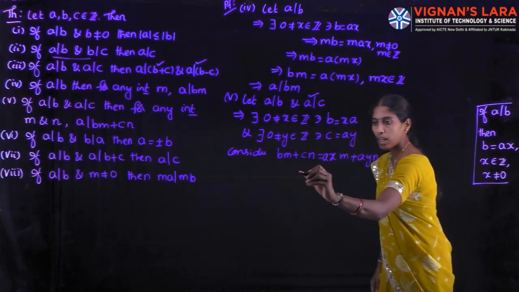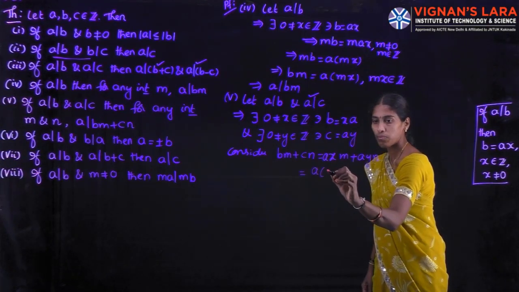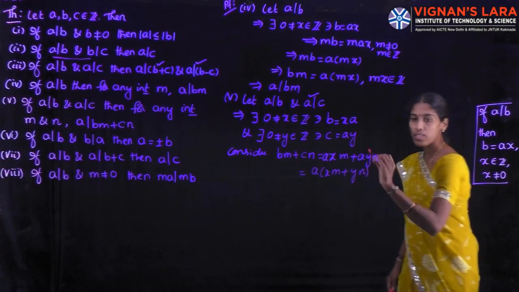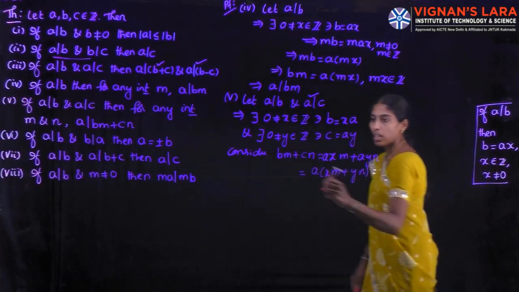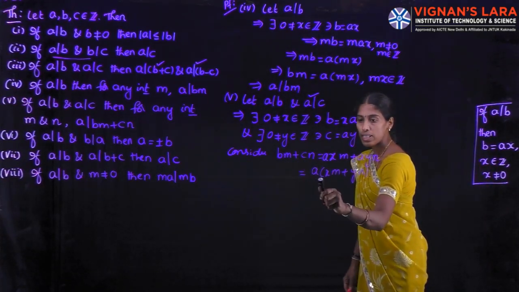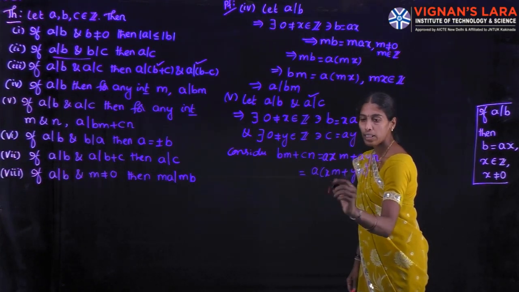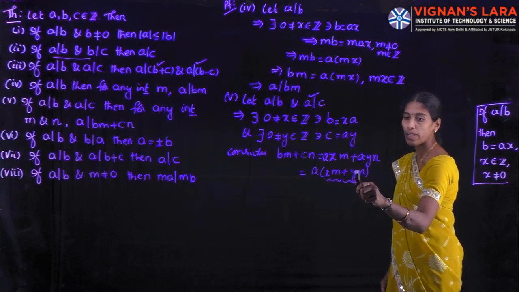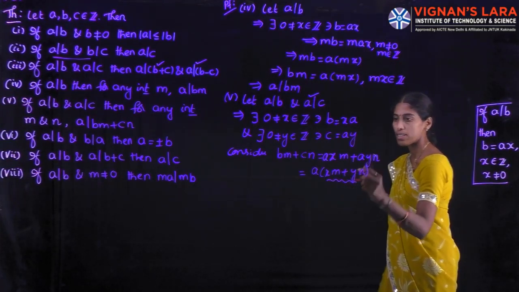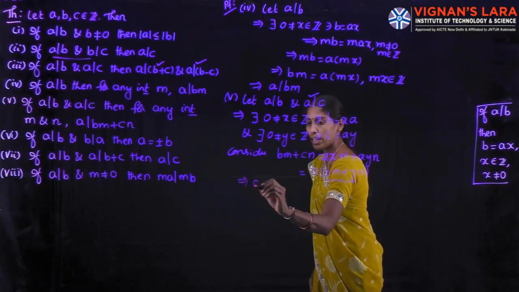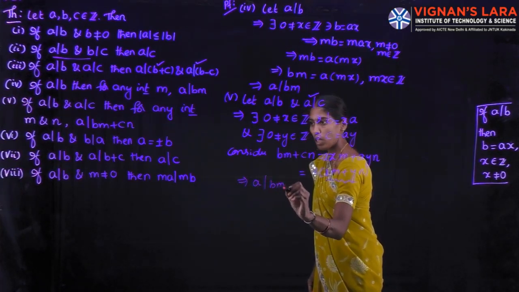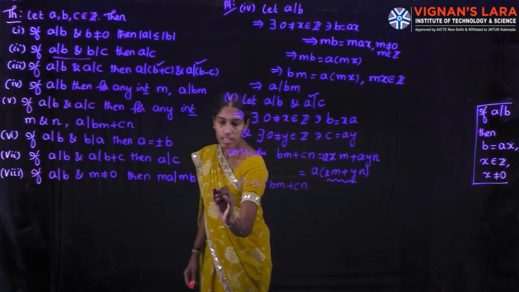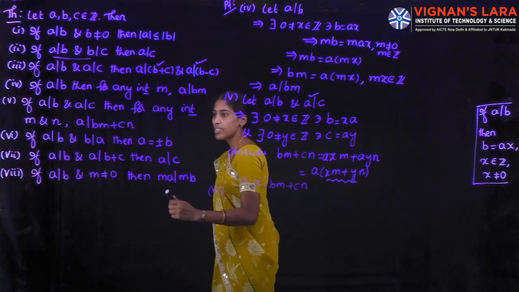Now taking a common, which is xm plus yn. Now bm plus cn is a multiple of a into some value which is an integer, because x, m, y and n all are integers. So that a divides bm plus cn. Right?